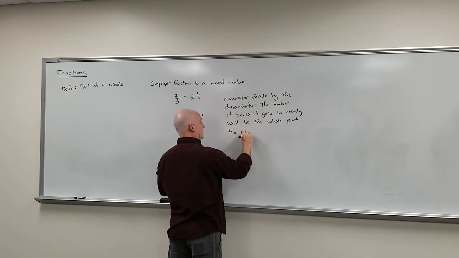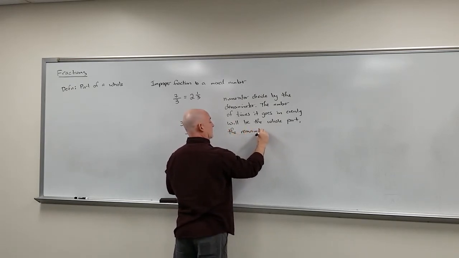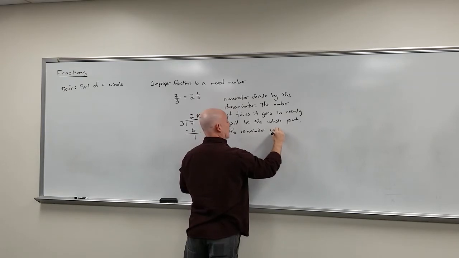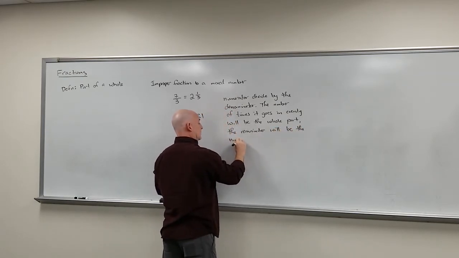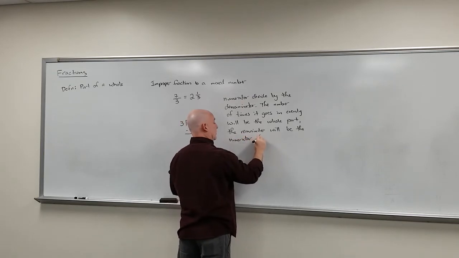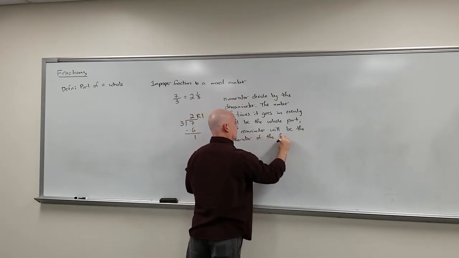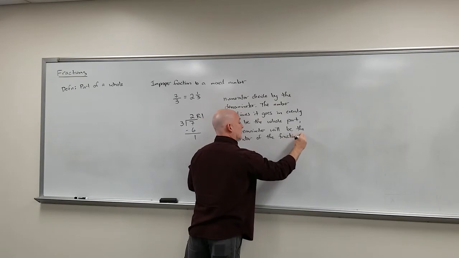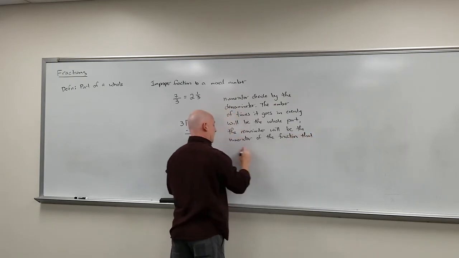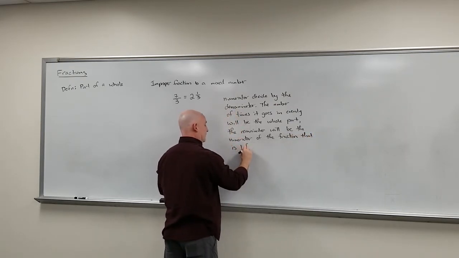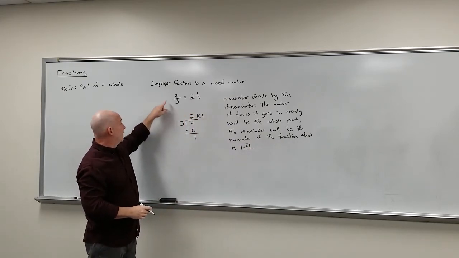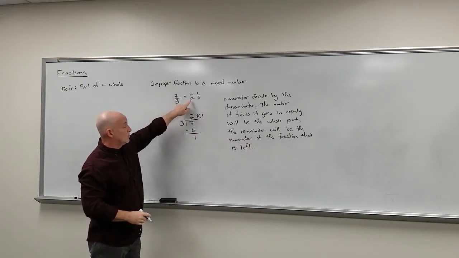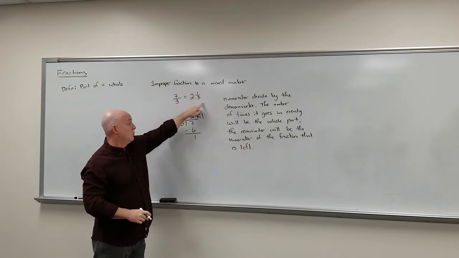The remainder will be the numerator of the fraction that is left. Okay, so we're talking about how many thirds we have. Here we had 7/3. That ends up being 2 whole pieces and 1 more third.